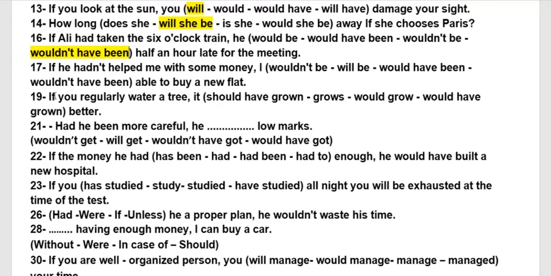Third conditional, 17, if he hadn't helped, past perfect. So the second part you see, would have and the past participle. If he hadn't helped me with some money, I wouldn't have been able to buy a new flat.